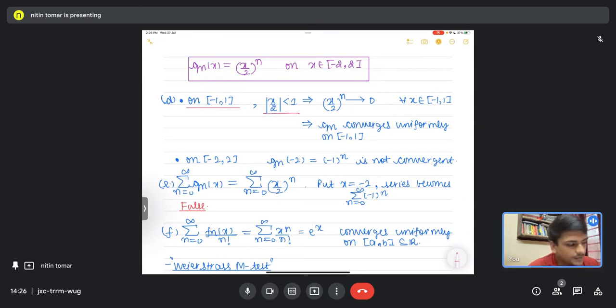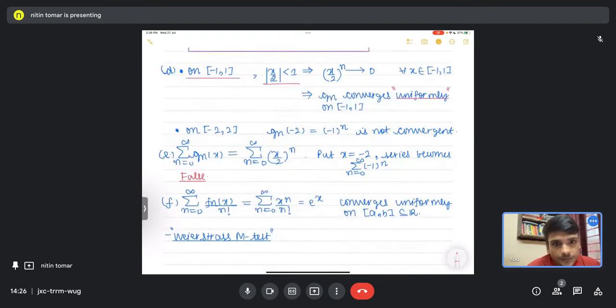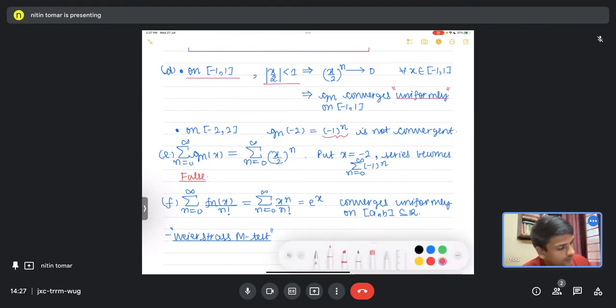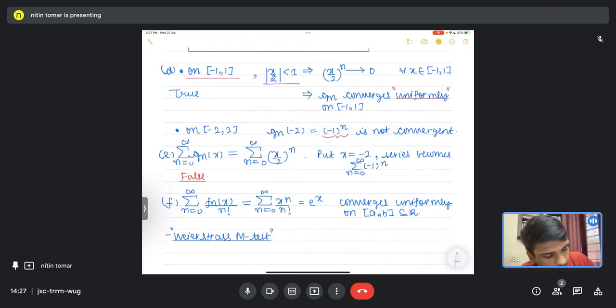Again by this supremum test, gn converges uniformly on [-1, 1]. But what happens on [-2, 2]? If you put x equal to -2, gn(-2) is (-1)^n. So this is not even convergent. So the fourth option is true. It converges uniformly on [-1, 1], but not on [-2, 2].